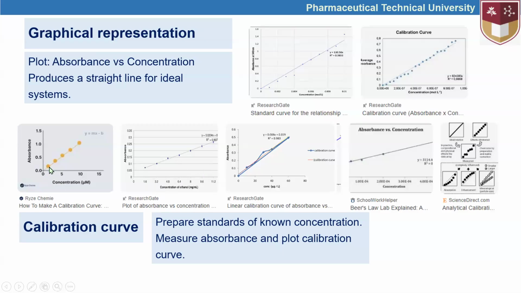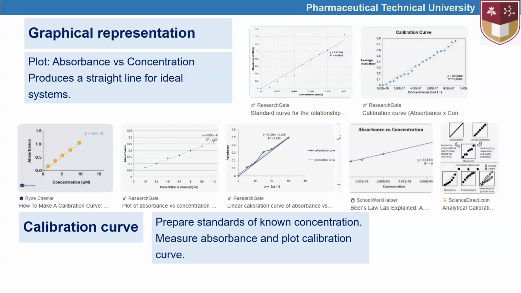And here, if this point is 1, this is some like 6, and this should be 1. If this is 1, here we can see it's 10, so a 10 times difference between the minimum and maximum concentration points was taken. So these are the pointers that we need to pay special attention to while we are developing our own graphical representation, I mean the calibration curve.